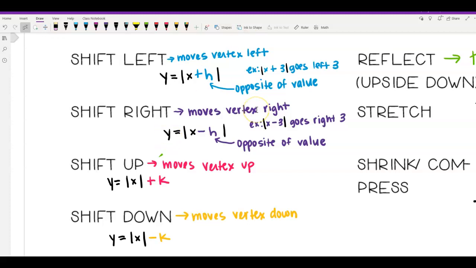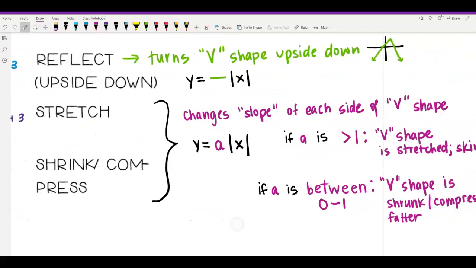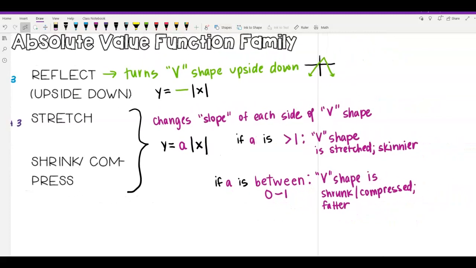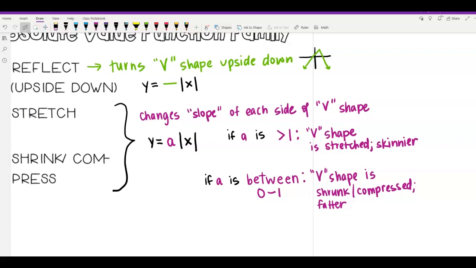Okay. If we want to turn our V shape upside down, we're simply going to add a negative sign in front of those absolute value bars, and that's going to take our V shape from right side up to upside down. And then finally, if we want to change by stretching or shrinking, basically if we want the V shape to become skinnier or wider, then we're going to stretch or compress that amount, and we do that by adding a number in front of our absolute value of x.